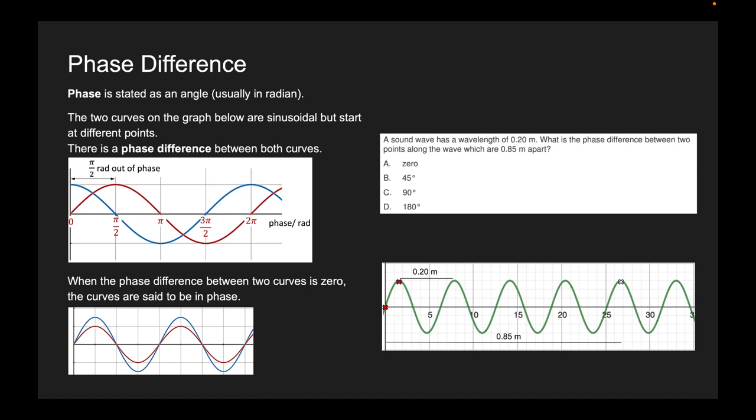The question says a sound wave has a wavelength of 0.20 meters. What is the phase difference between 2 points along the wave which are 0.85 meters apart? Here is the diagram for this question. The wavelength is a distance between two crests, so it's the distance here. So let's take this point at the beginning of our graph. And the point lying at 0.85 meters is located here.